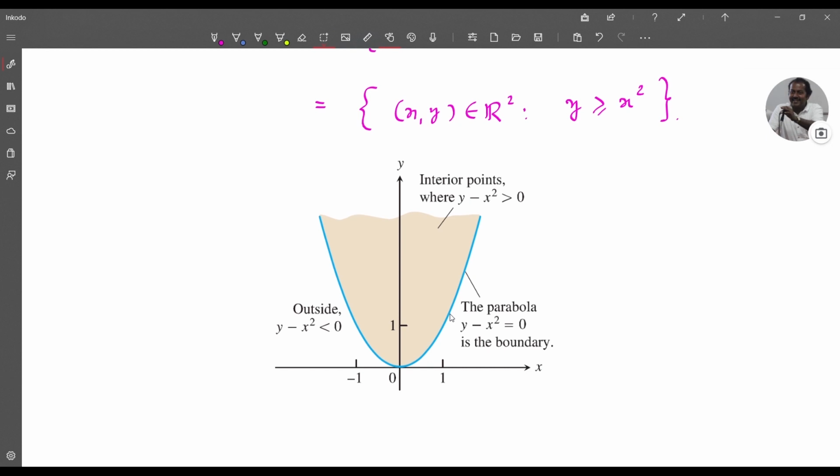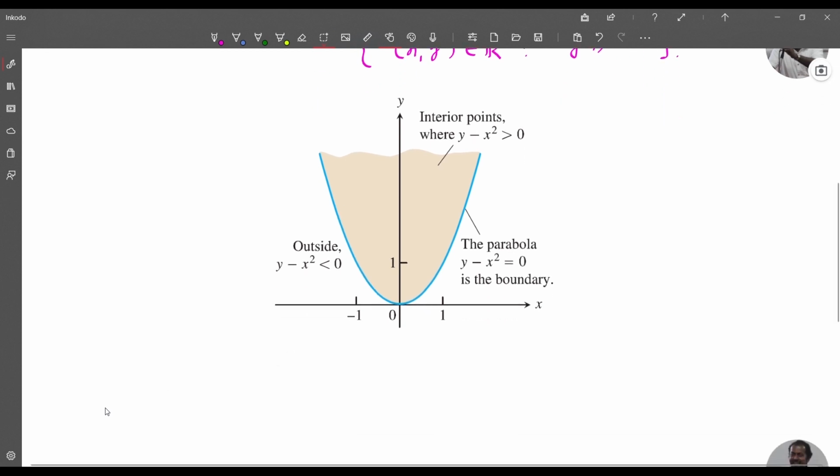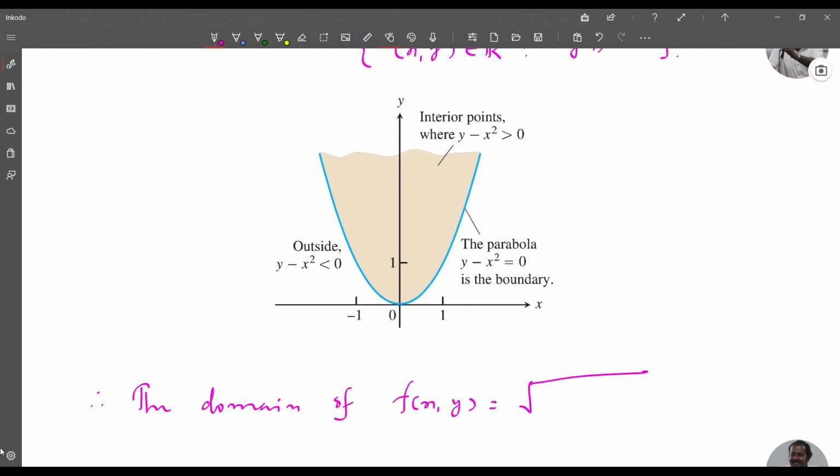Therefore, this is an unbounded region. So the domain of f(x, y) = √(y − x²) is closed and unbounded.